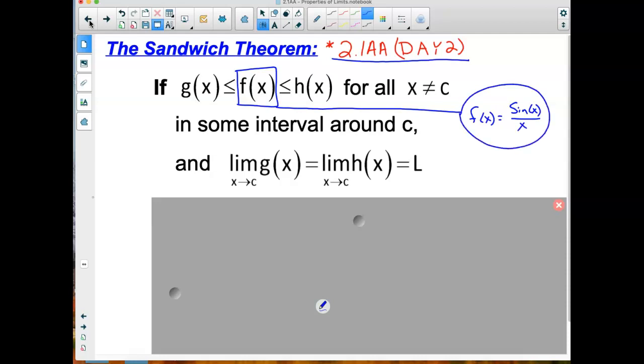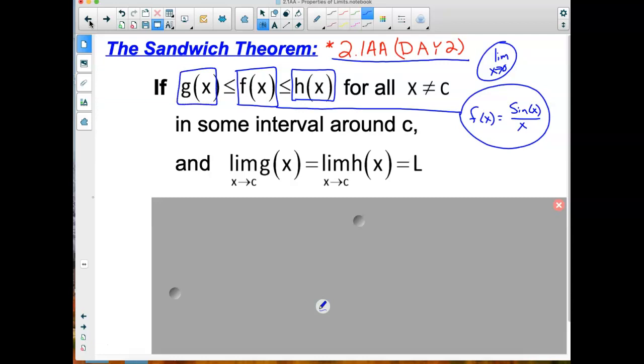What the sandwich theorem basically says is if I can find a function around that limit at 0, around that limit value, that is above it, that's going to be my h of x function. And I can find another function around that same limit value that's always below it. That's going to be my g of x function.